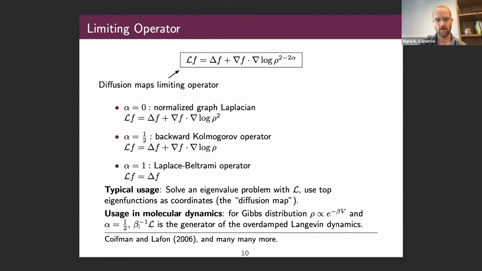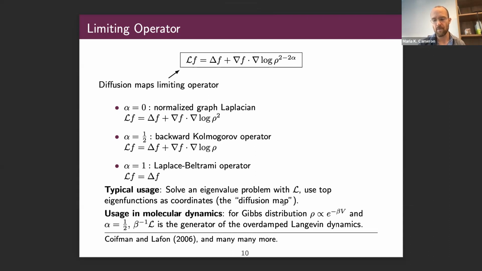This alpha parameter determines what kind of operator you can get in diffusion maps, so the differential operator you get here, this first order term, depends on the alpha you pick. In our case, we're thinking of alpha equals 1/2. Usually for molecular dynamics, this has more dynamical significance here. You can also cancel this out entirely by picking alpha equal to 1.